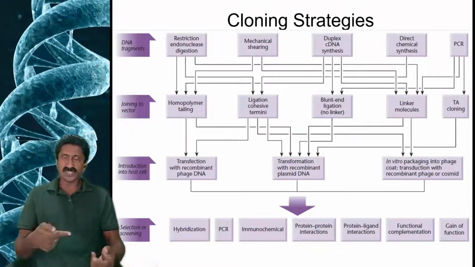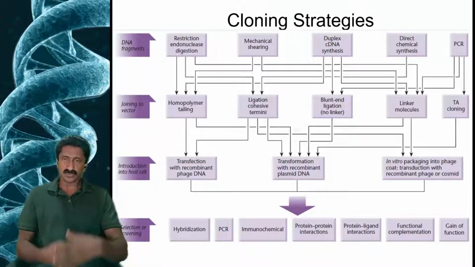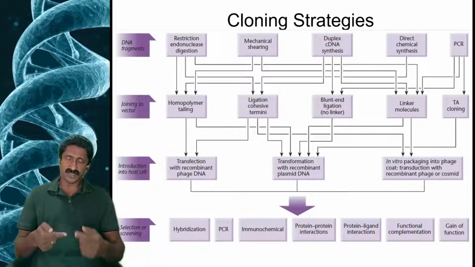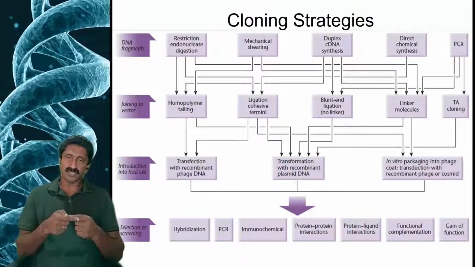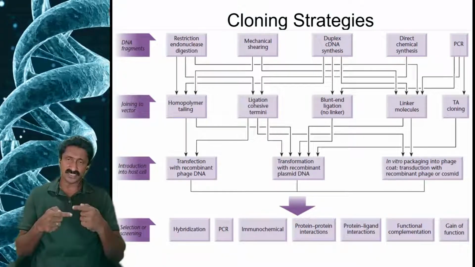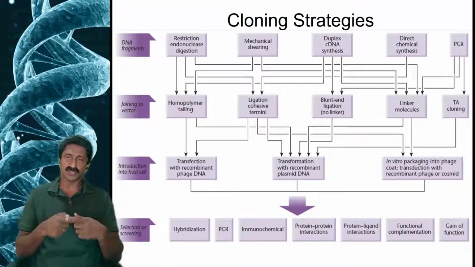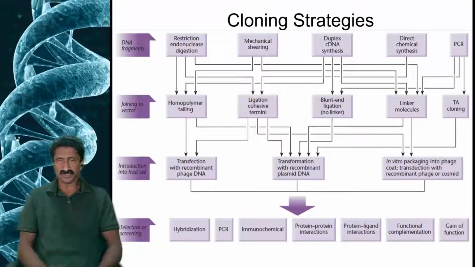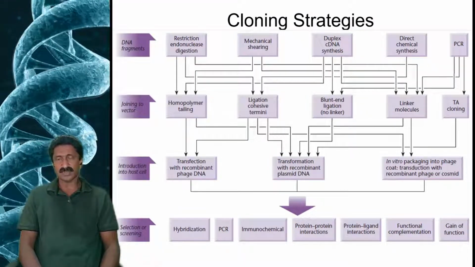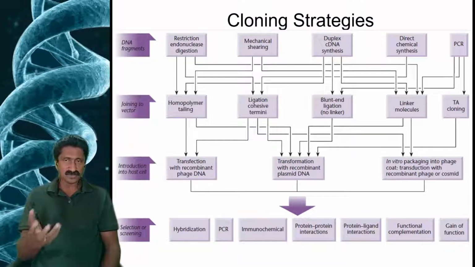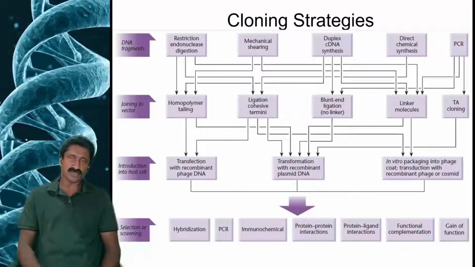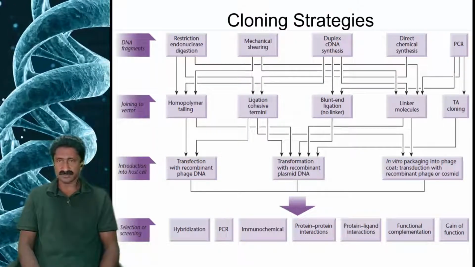So if the DNA insert that you want to clone can be joined with a poly A, poly T tail, subsequently it can be joined together specifically during the joining of the vector. Such homopolymer tailing, and we will see some examples in later slides.